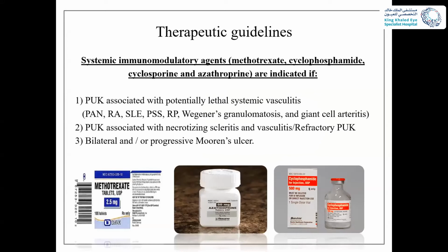Systemic immunomodulator agents like methotrexate, cyclophosphamide, cyclosporin, and azathioprine are only indicated if you have a PUK associated with a potentially lethal systemic vasculitis, or you have a PUK that is associated with a necrotizing scleritis, vasculitis, or refractory PUK to the conventional treatment, or if you have a patient with a bilateral or aggressively progressive Mooren ulcer. These are the three main indications for systemic immunomodulators.